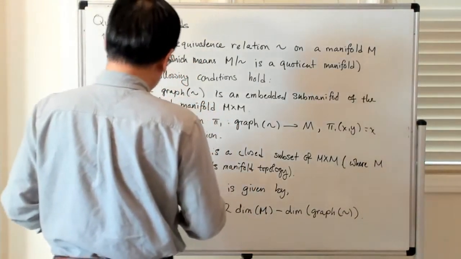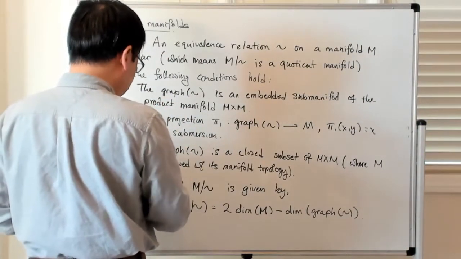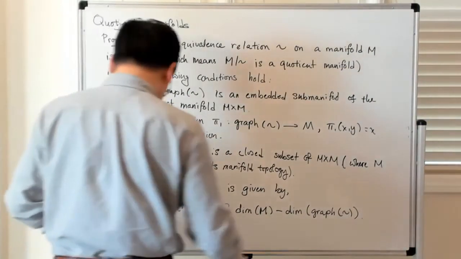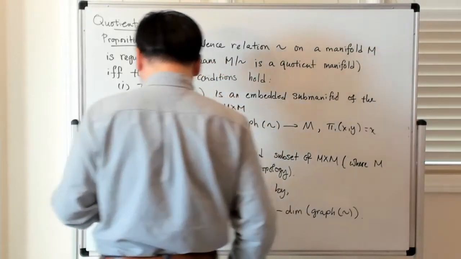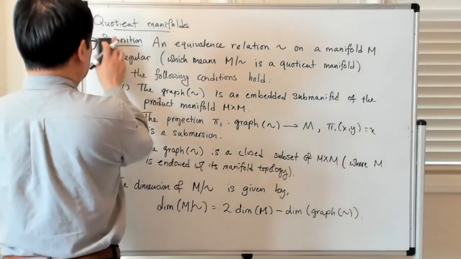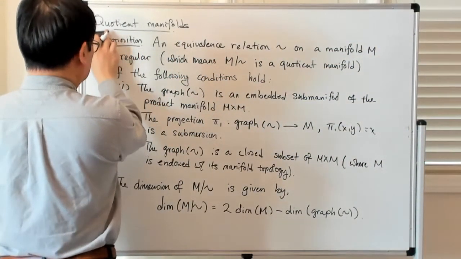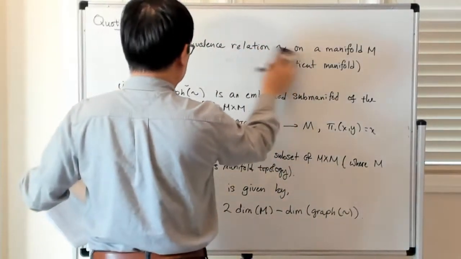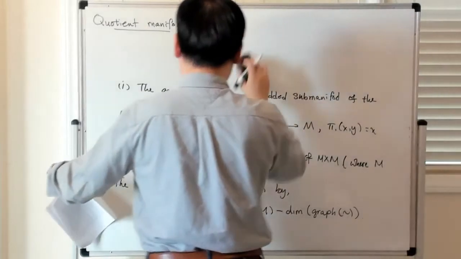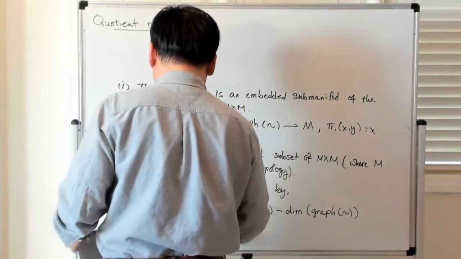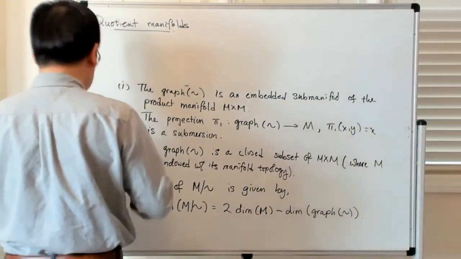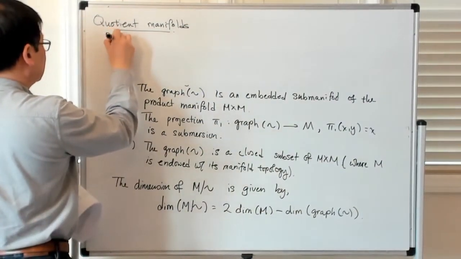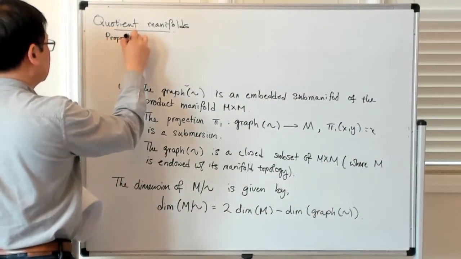So let's try to understand where these three conditions come from, and again why they're important. Okay, so I'm going to state another proposition. I can at least try to explain why these three conditions show up. So the proposition is as follows.